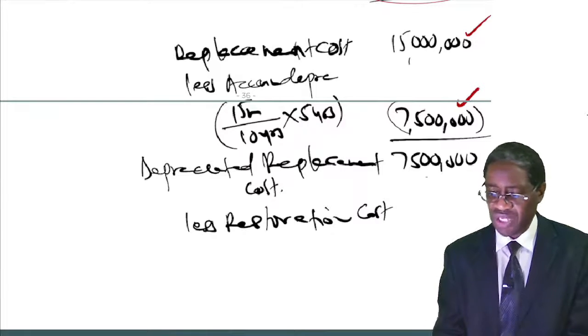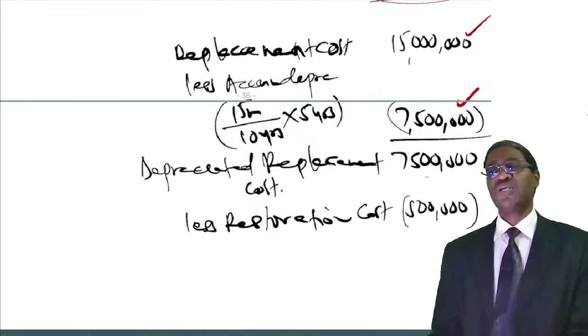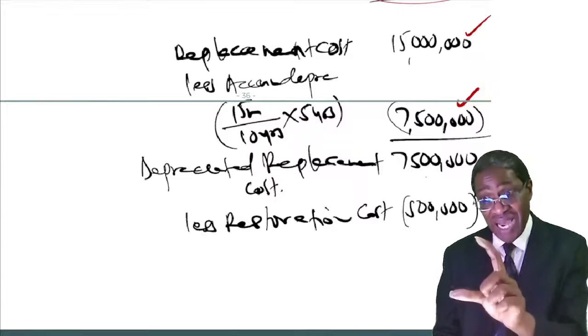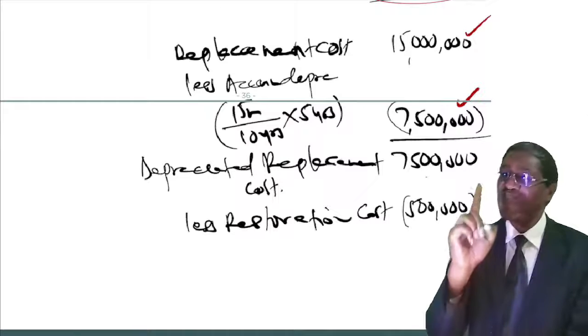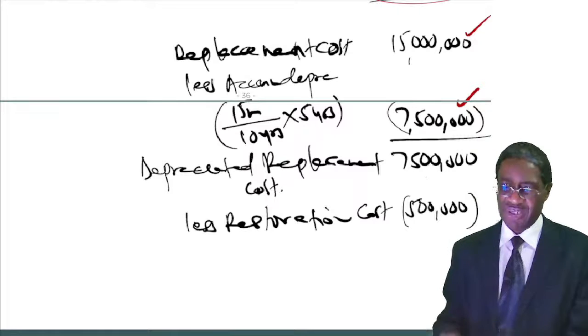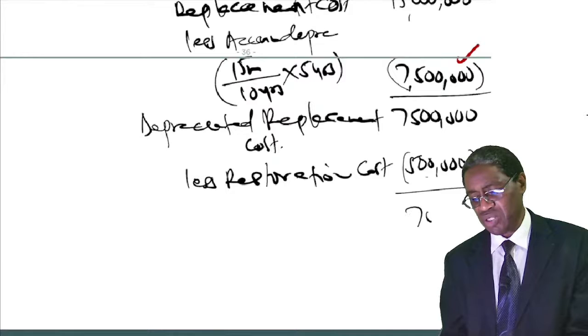So if it will cost you another 500,000 to restore the asset to a useful condition, then you minus that restoration cost from the depreciated replacement cost. That will now give me a balance of how much? 7 million.